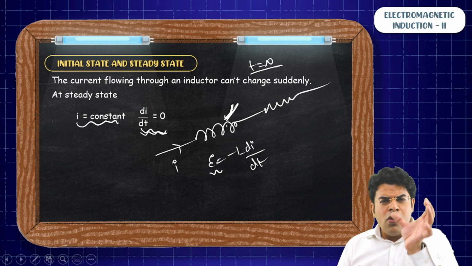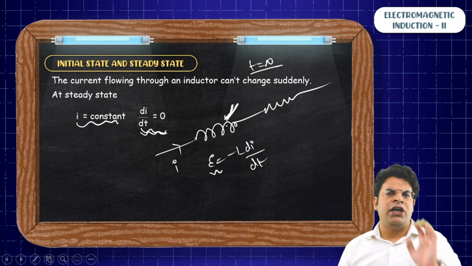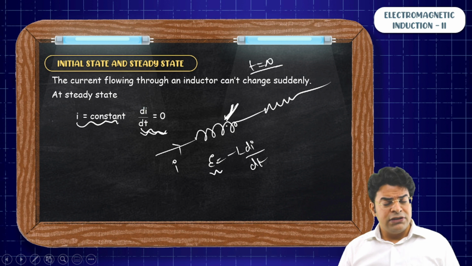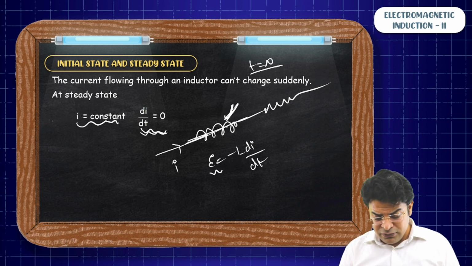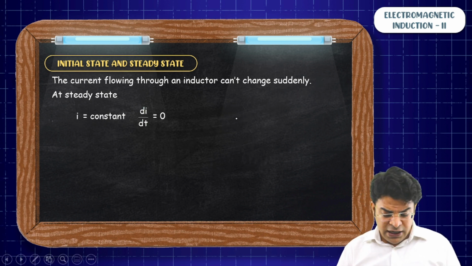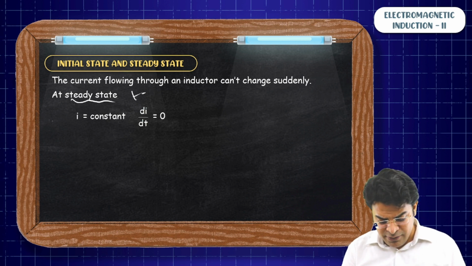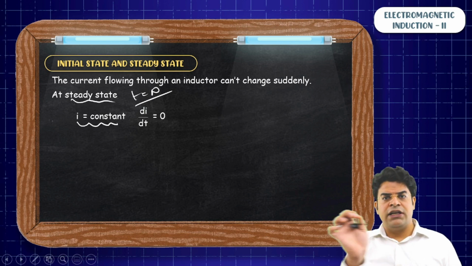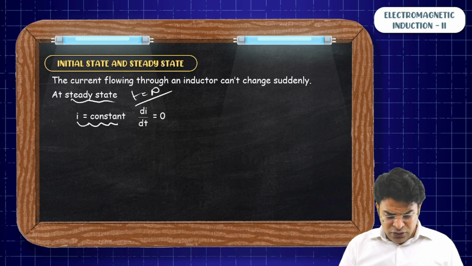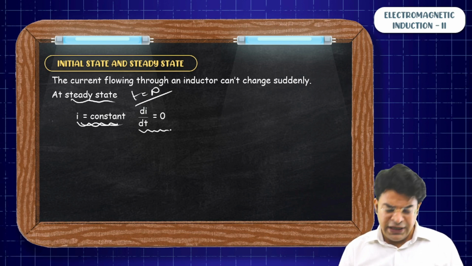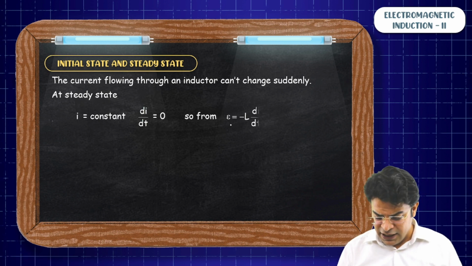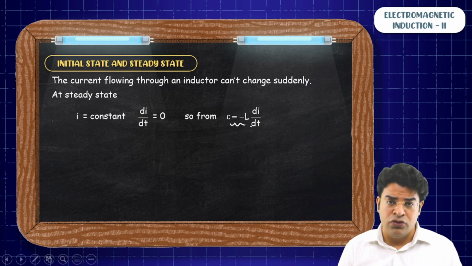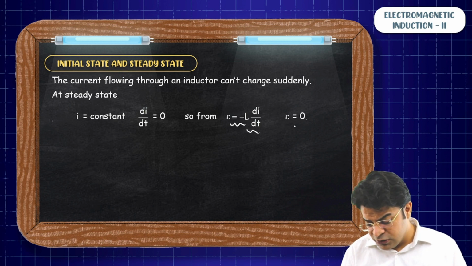And if there is no potential drop across the inductor, it is as good as a wire. So just remember that at steady state, or at time equals to infinity, the current flowing through the circuit becomes constant. As the current becomes constant, di by dt becomes 0, so the EMF, which is equal to minus L di by dt, becomes 0.